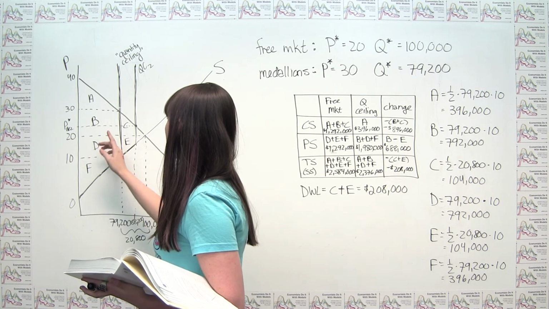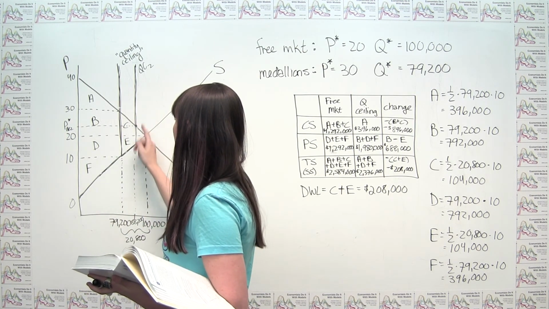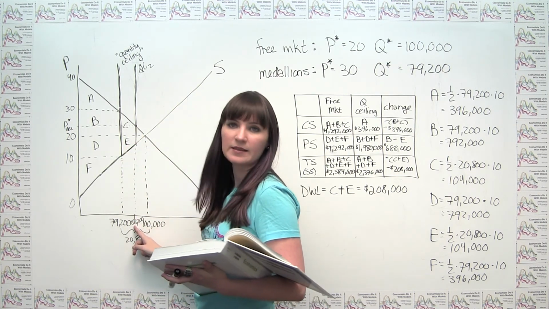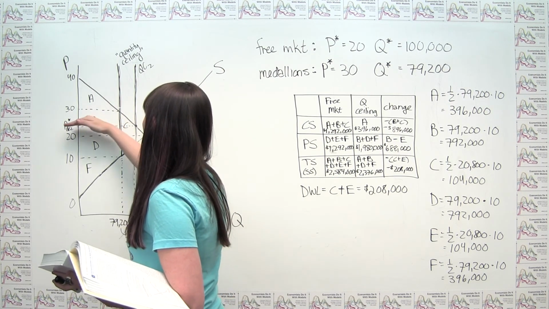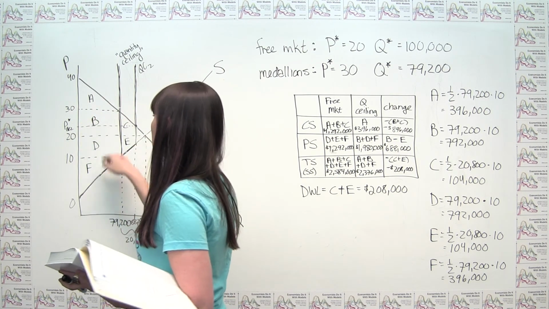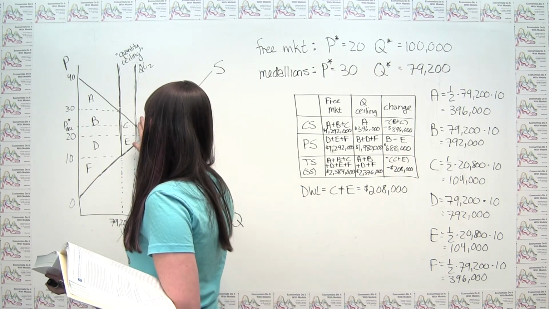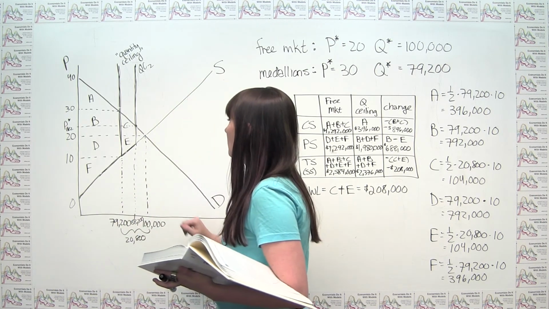One being that producer surplus is now extended further to the right. Right now we're getting producer surplus on units up to 88,200, but we're getting them at a lower price than we did before. So we have a bit of a trade-off going on there. So it's a little bit of an ambiguous effect on producer surplus.